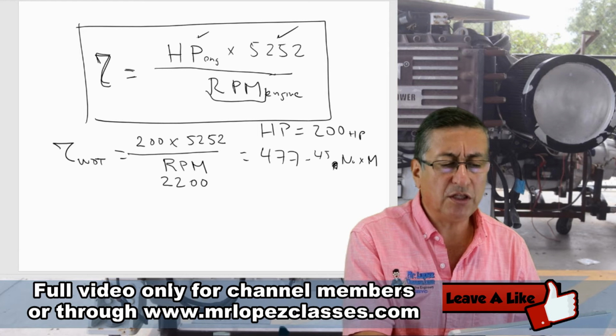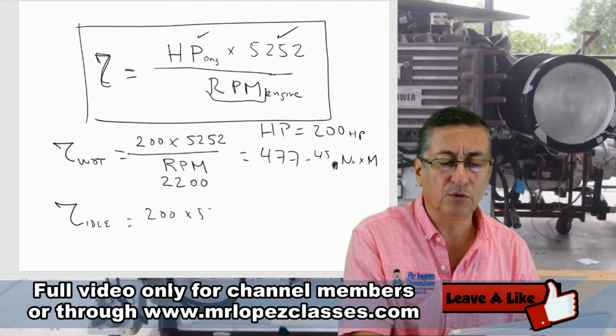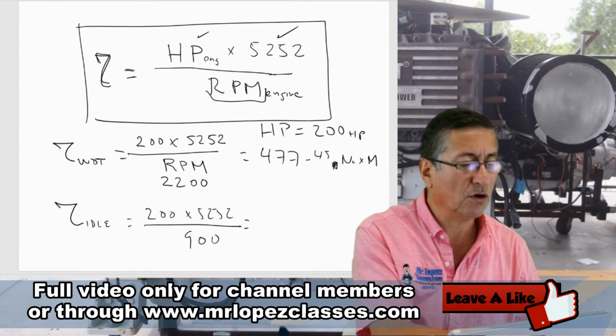Alright, how much is the torque in idle? The torque in idle is 200 times 5252 divided by the RPMs in idle, 900. How much is the torque over there?